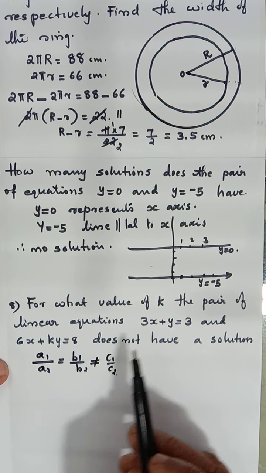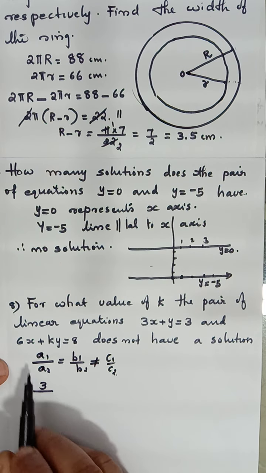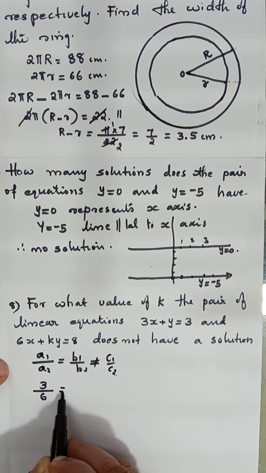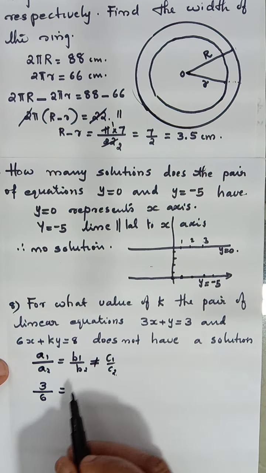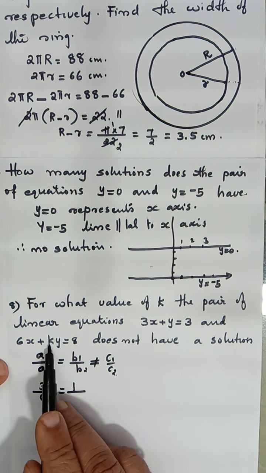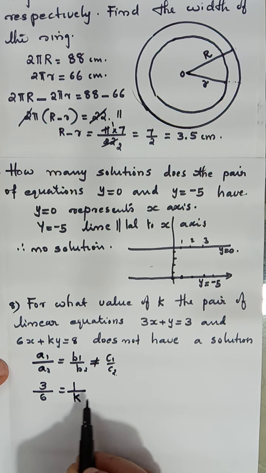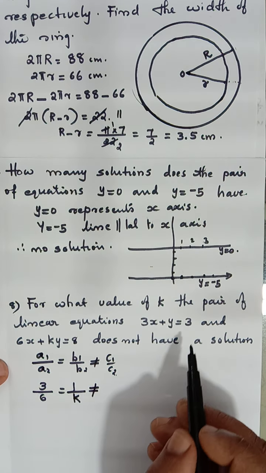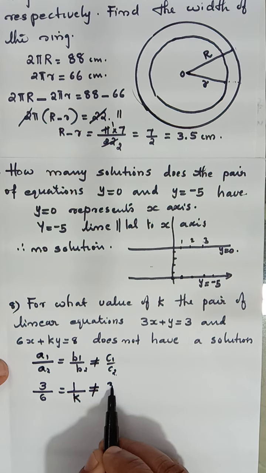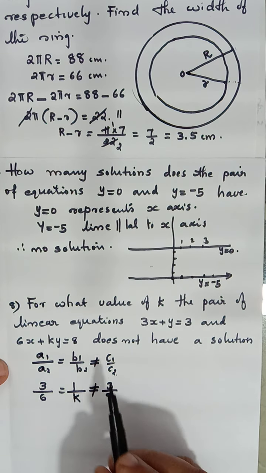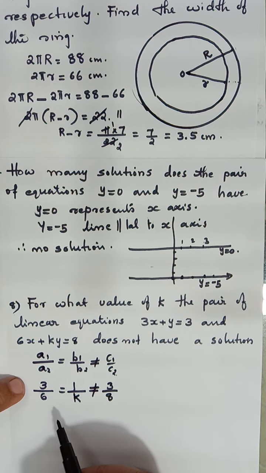Here let us write what is a1: 3 by a2 6, equal to b1 which is 1 for y, and ky gives b2 as k, not equal to c1 by c2, which is 3 by 8. So for what value of k?